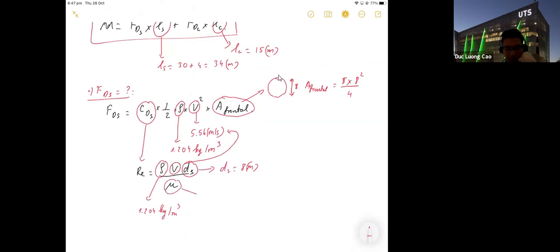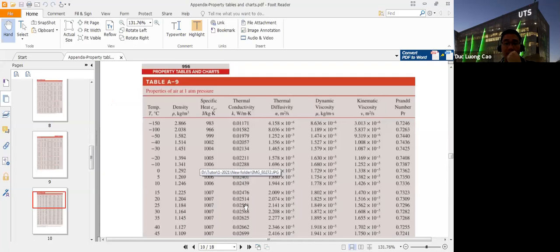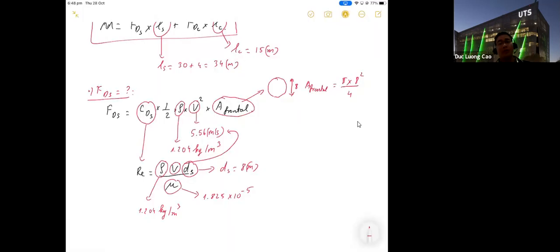Viscosity is air viscosity at 20 Celsius. You got from the table, 20 Celsius. You have dynamic viscosity here is 1.825 times 10 to the minus 5. So this is the Reynolds number.